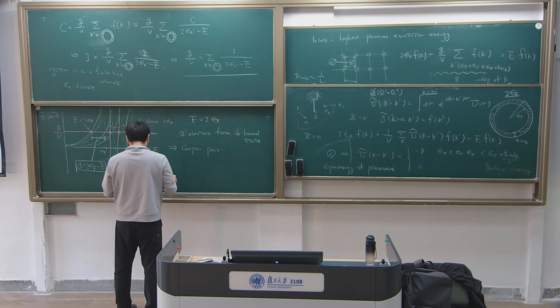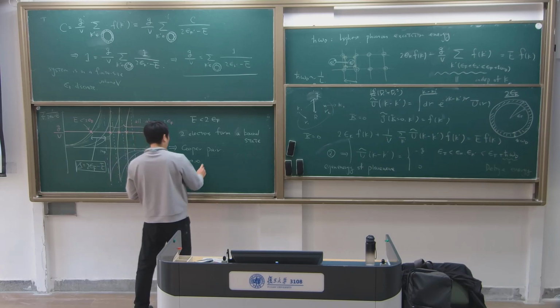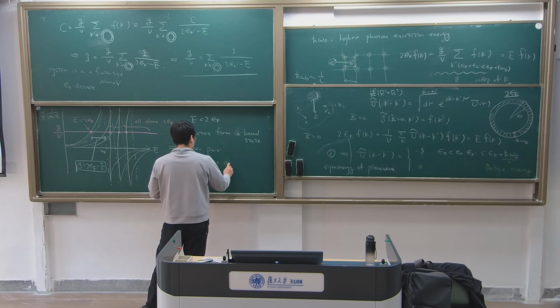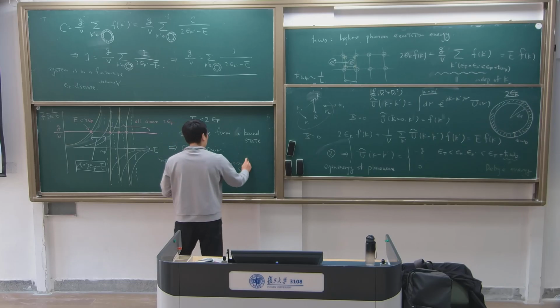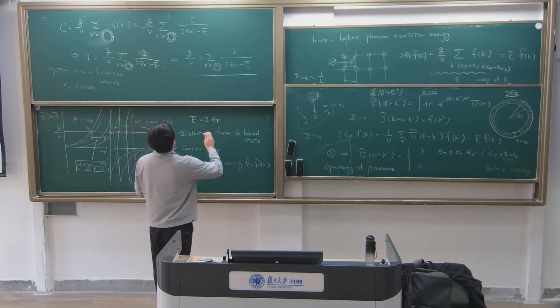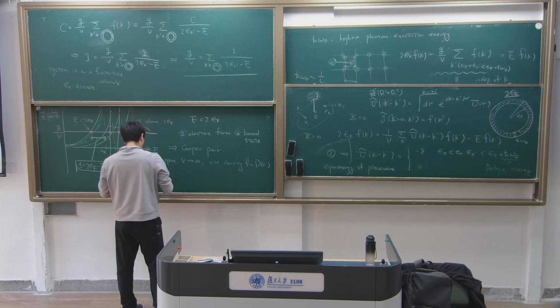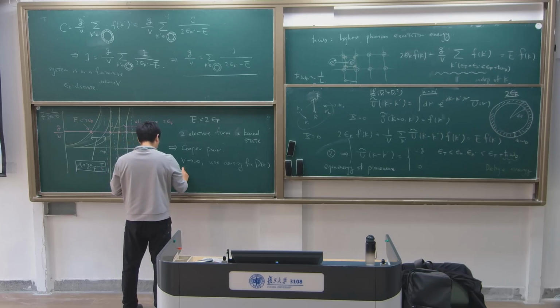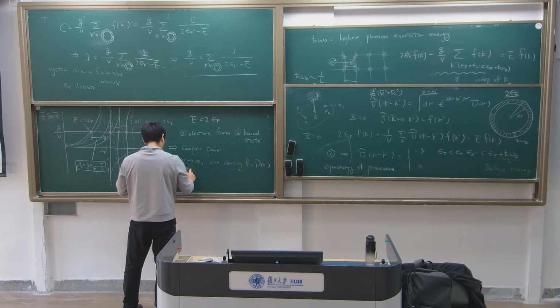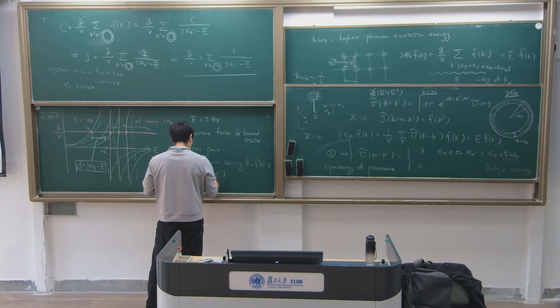To compute this, suppose b goes to infinity, and we use the vector function. Then this equation can be written as 1 is equal to g and so on.